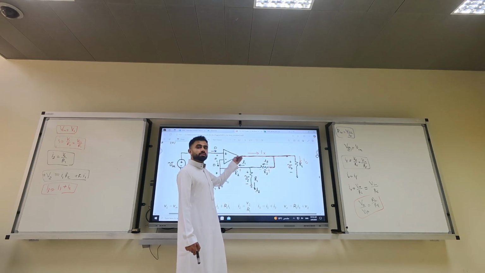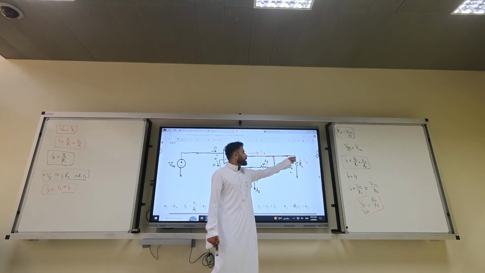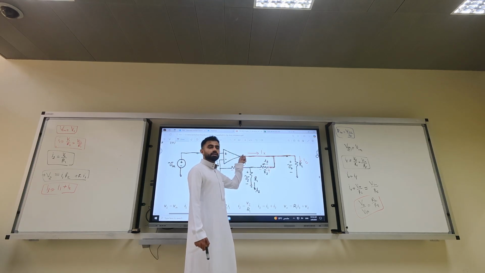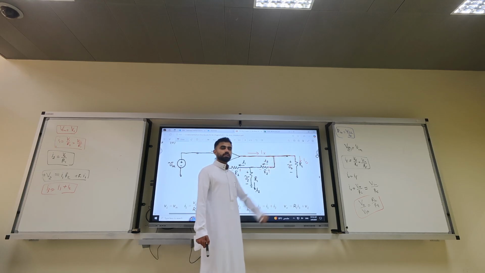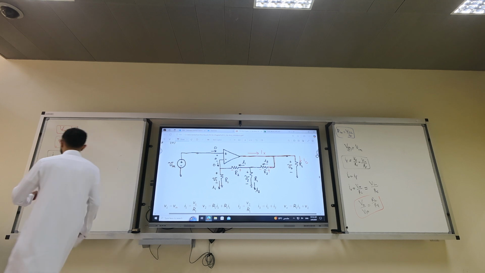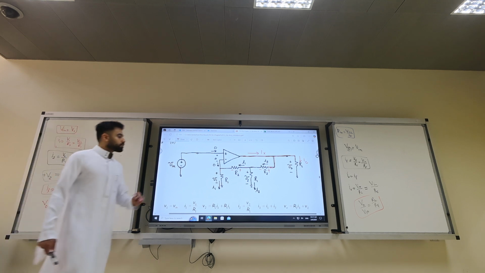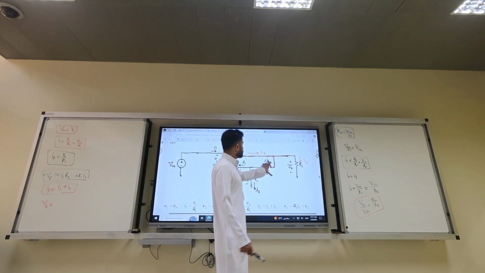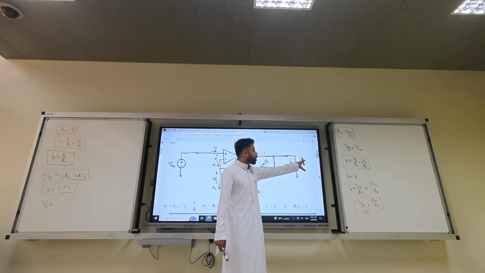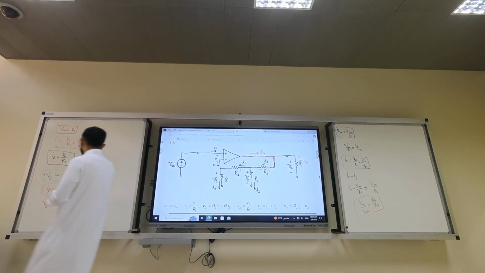This is V output. This is V output. When you put the voltmeter here, does it differ from putting it here? It's all the same touching point. Very important concept. So what's V output? V output equals, I know it's I out times RL, but our goal is to connect V output with V input. This is the most important equation.